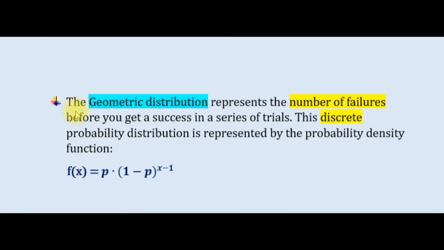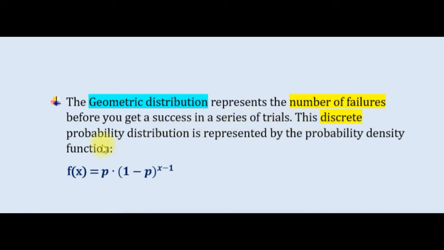Before getting started, I would like to go through some basic theory that you might find useful in order to understand the exercise that we will do later on. It says the geometric distribution represents a number of failures before you get a success in a series of trials.